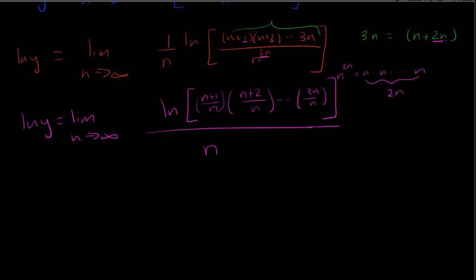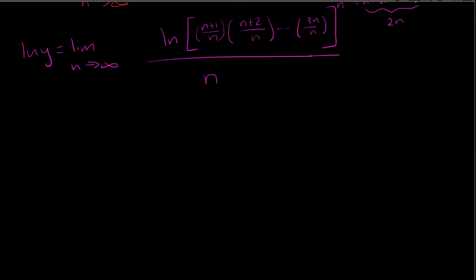So it works out nicely like this. And now I can use a property. Well, I'm actually going to break this up. So I'm going to do n plus 1 over n, which is 1 plus 1 over n.